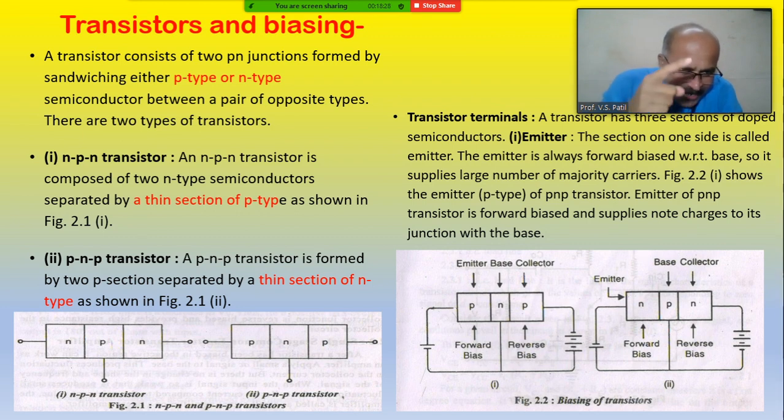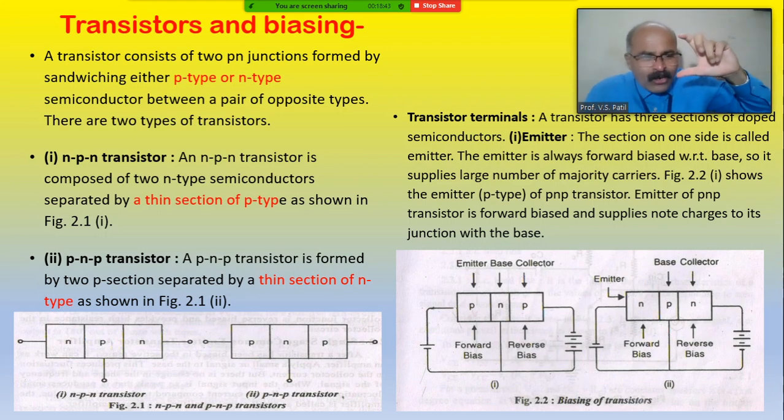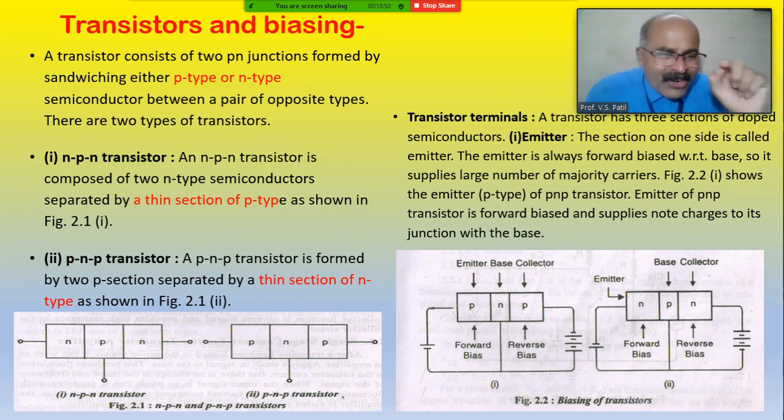Are all these three working regions applicable for the process of amplification? No. The cutoff region as well as the saturation region, both the bottom and top regions, are not useful in view of electronics.